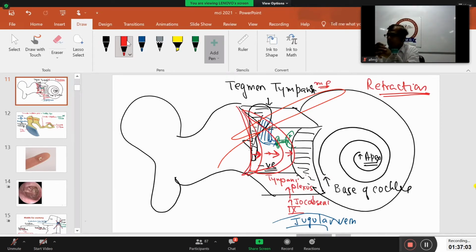That's why retraction has grades. Grade 1, grade 2, grade 3, and grade 4. There are 4 grades of tympanic membrane retraction. So you can imagine that the first one is grade 1, the second one is grade 2, the third one is grade 3, like that. And this is the meaning of retraction of the tympanic membrane.